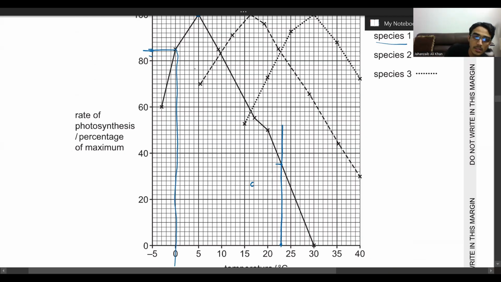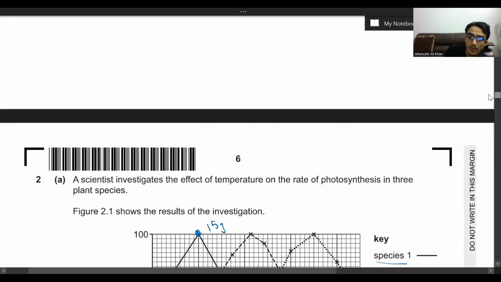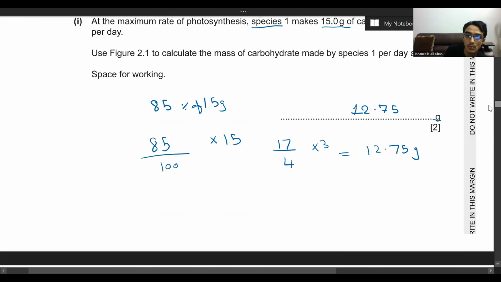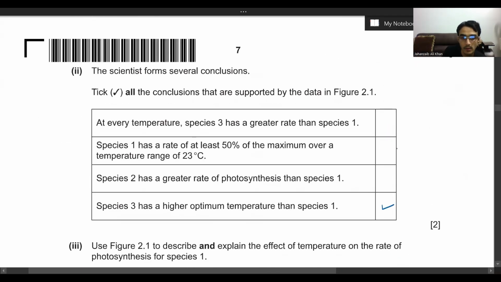I can see that the gradient is still steeper for species 1 over all ranges. So species 2 does not have a greater rate of photosynthesis. I would say that only the last option is correct here. Something is wrong, let me check. Anyway, moving forward, we can get back to this later.